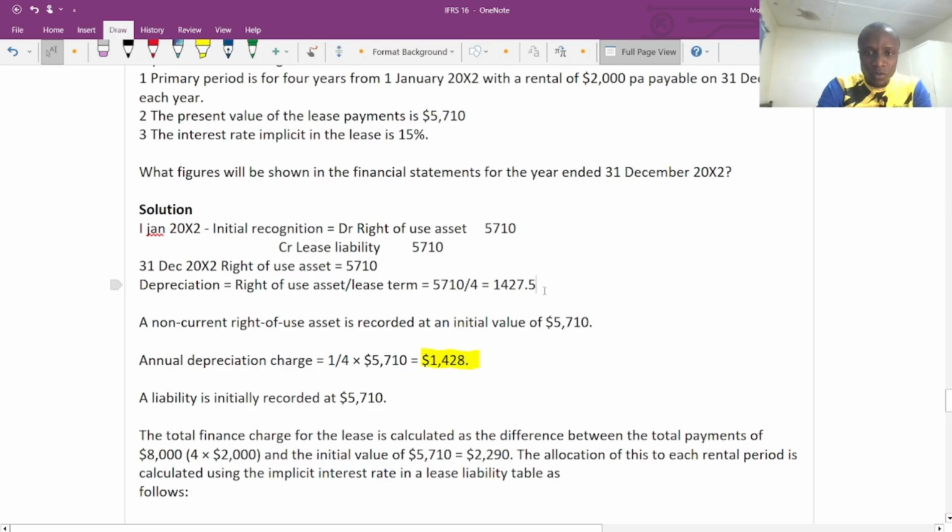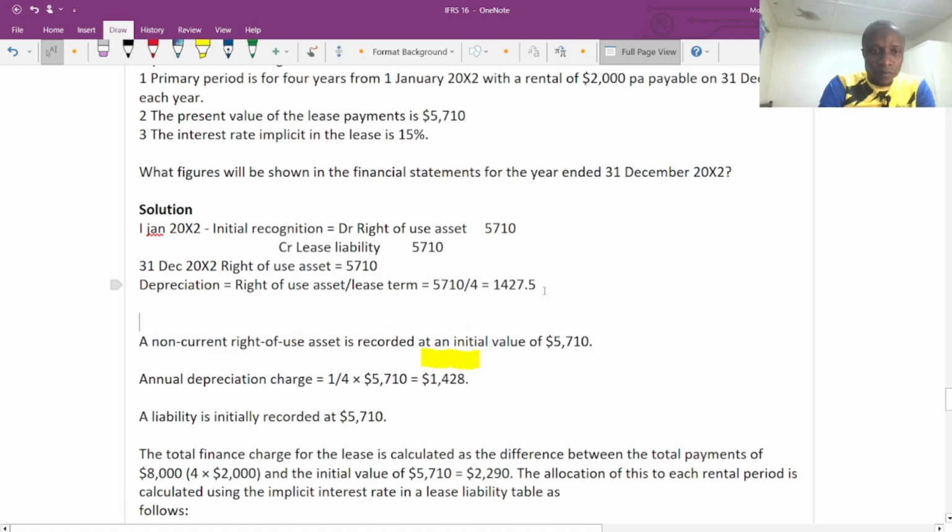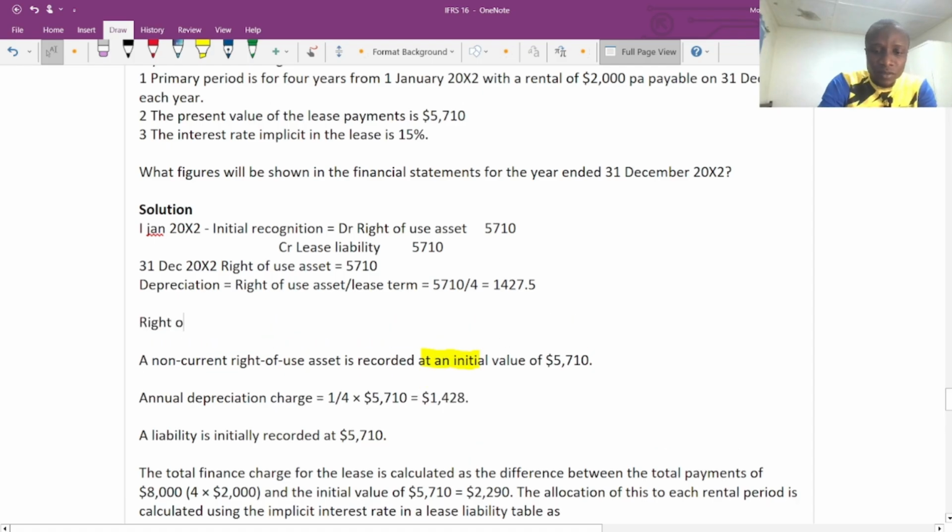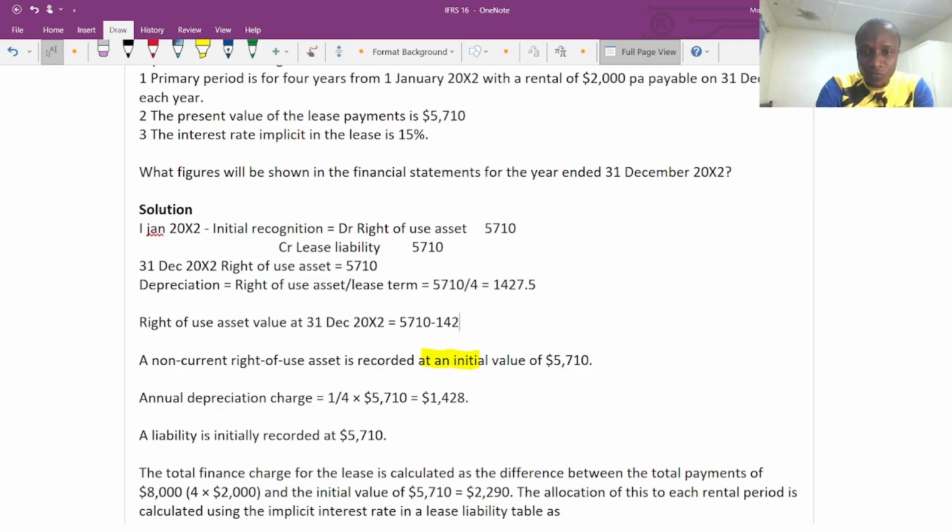So now the right of use asset value at 31st December 20x2 equals 5710 minus 1427.5.